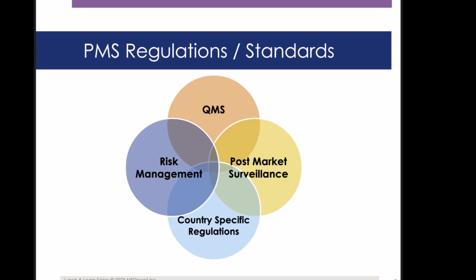This is described in Clause 8.2.1 for customer feedback from the Medical Device Quality Management System Standard, ISO 13485:2016, and Section 10 for production and post-production activities from the Medical Device Risk Management Standard, ISO 14971:2019.